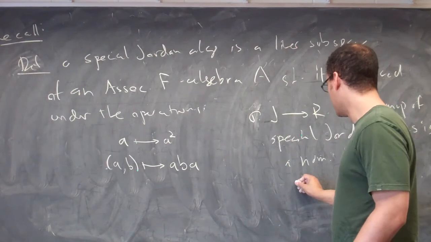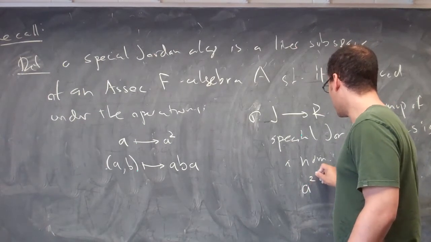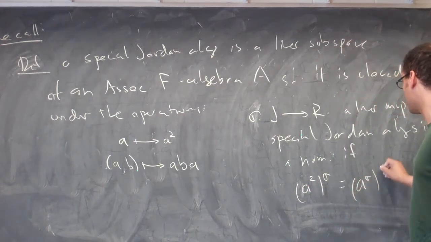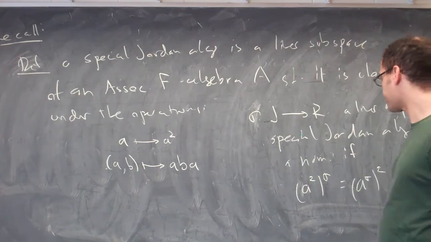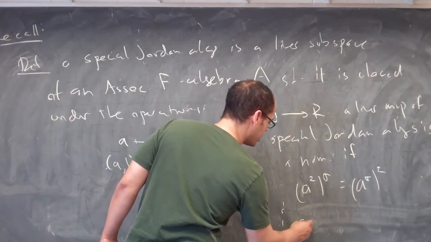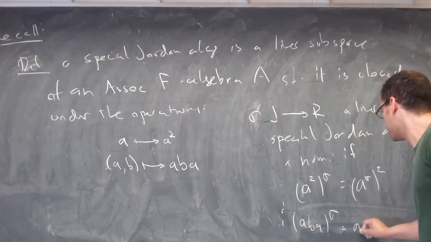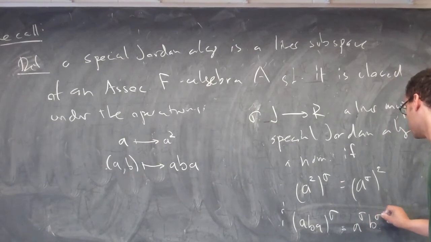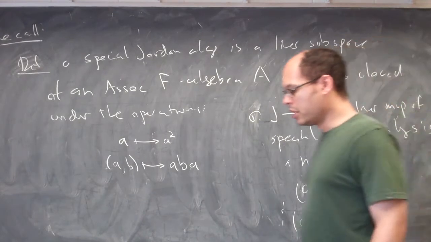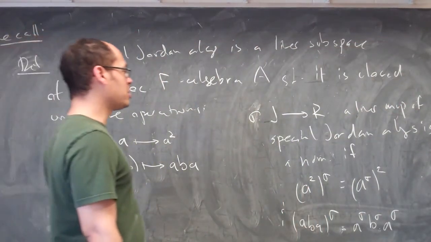That is to say, taking the square of an element and applying sigma to it is the same as applying sigma first and then squaring, and if doing sigma of ABA is the same as sigma applied to A, sigma applied to B, sigma applied to A.